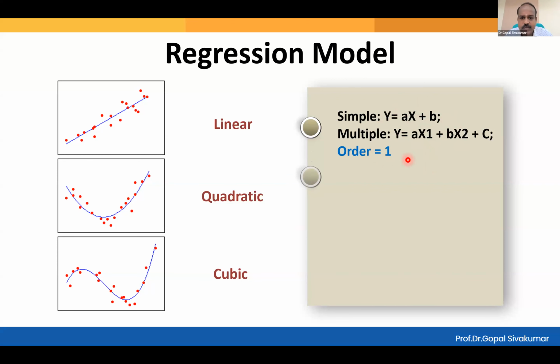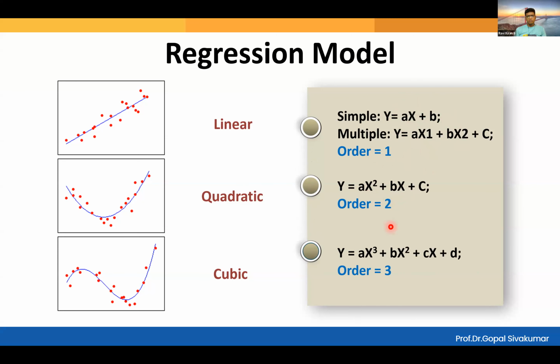But for quadratic, the equation will be like this: y equal to ax square plus bx plus c. Now, can you see x square? So order is 2. Now for cubic, what is the order? 3. Now you know different regression models: regression with model order 1, model order 2, model order 3. Model order 1 means linear. Model order 2 means quadratic. Model order 3 means cubic.